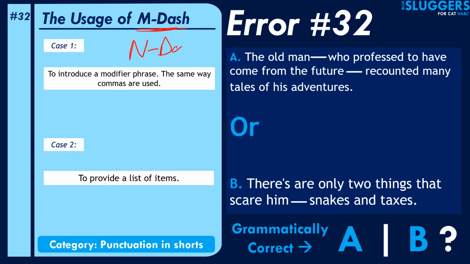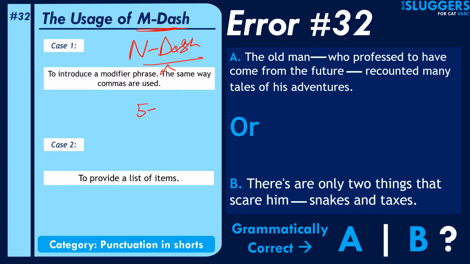N dash is generally used when you want to say, for example, I'm going to be gone from office for 5 to 6 days. So this becomes your case of N dash. I've not included a treatment of N dash in this series because it didn't seem like an error that could be tested very easily in this exam. So don't worry about that.